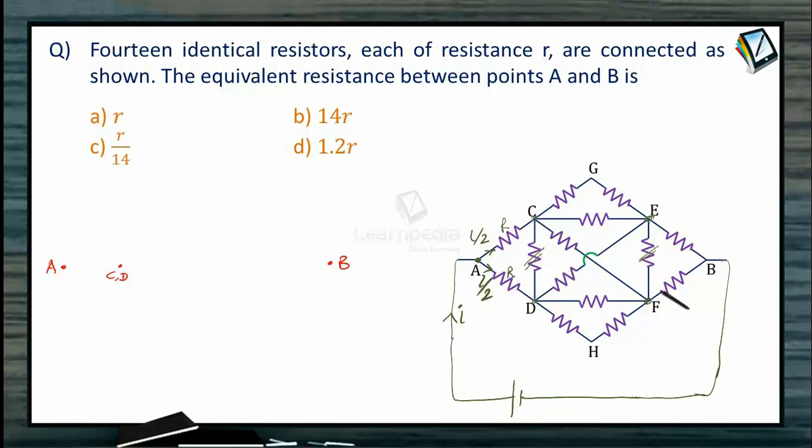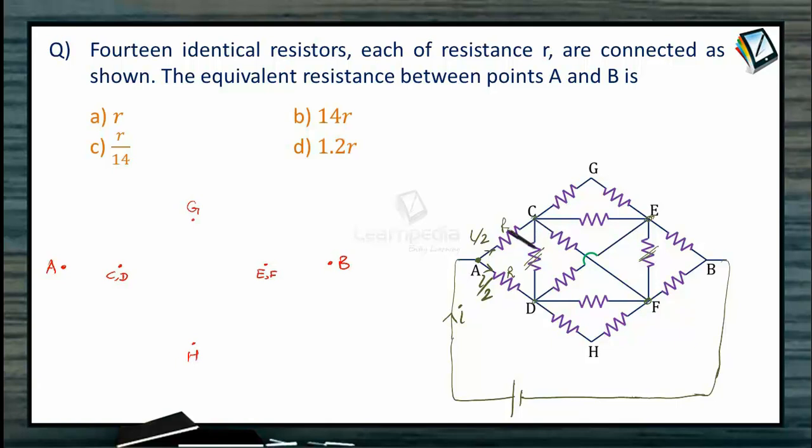In the same manner, E and F will also be at the same location, so this point will be treated as E as well as F. There is another point G, and another point H here.